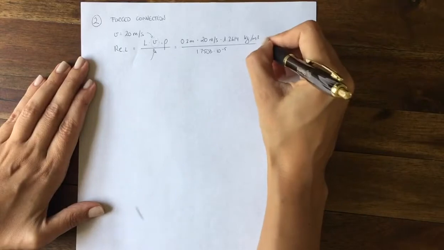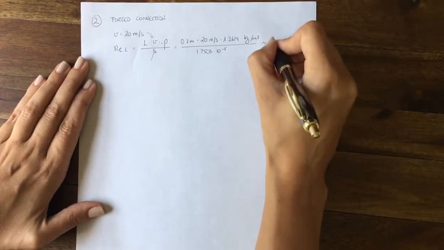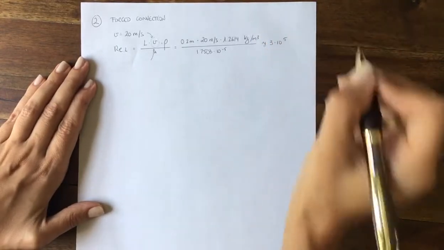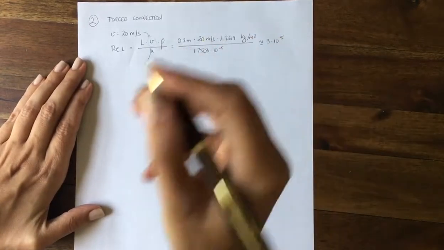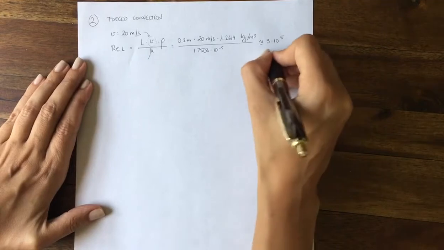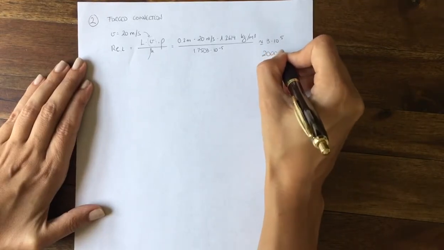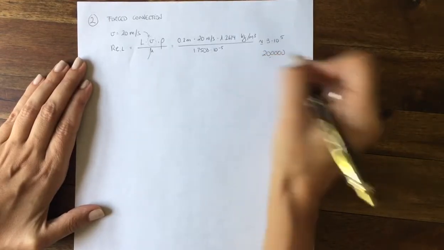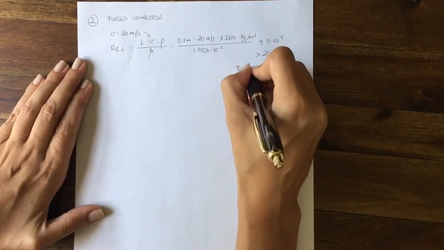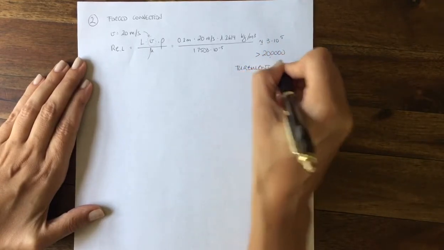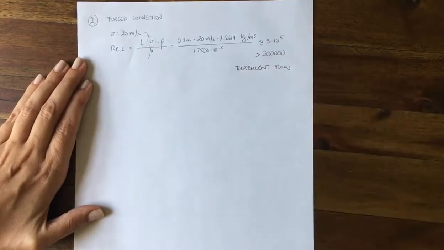And this is approximately equal to 310.5 times 10^3. This is higher than 2.45 times 10^5. So this is turbulent flow.